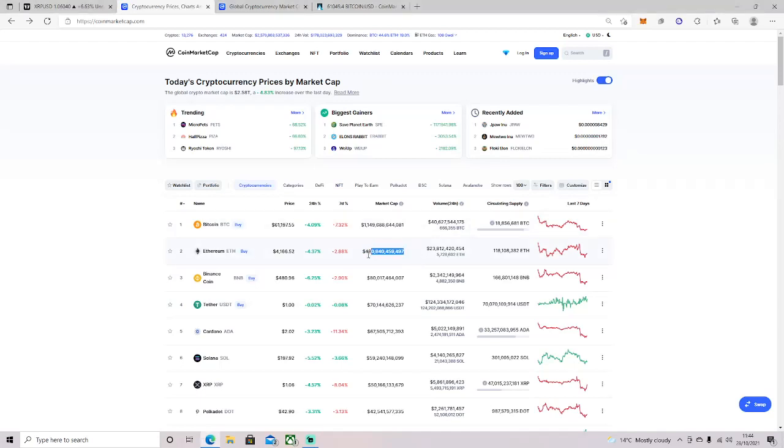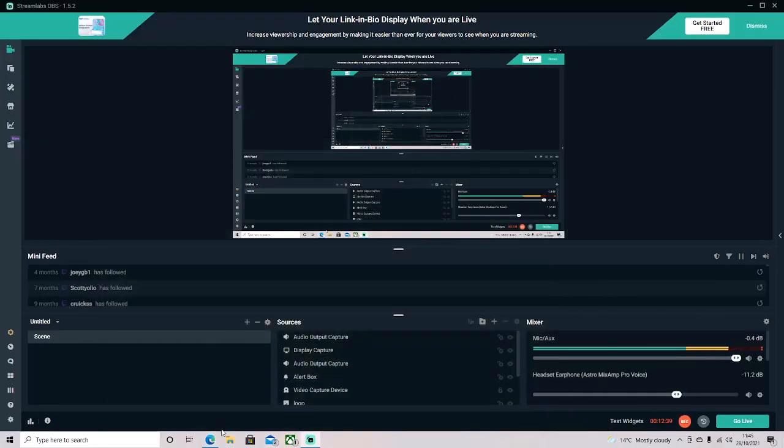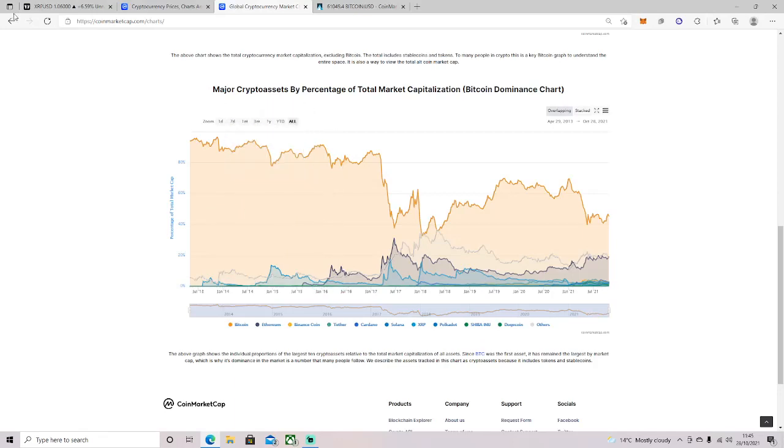So 25% of 500 billion is another 125 billion. So let's say that takes us to 600 billion. And what we've seen in the past, as I've said, XRP engulfs Ethereum's market cap. Let's say Ethereum gets to, oh excuse me, that's my recording software.